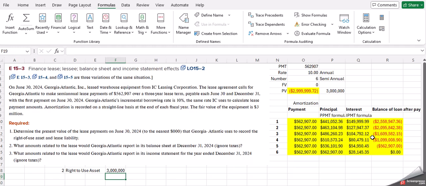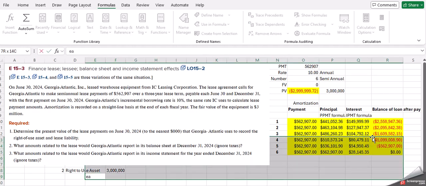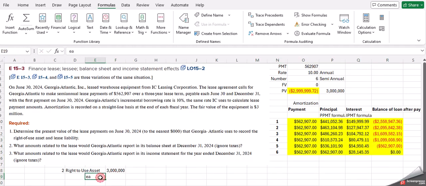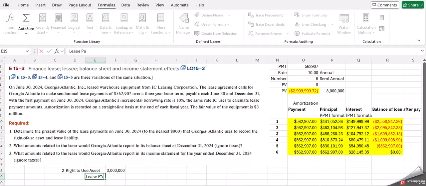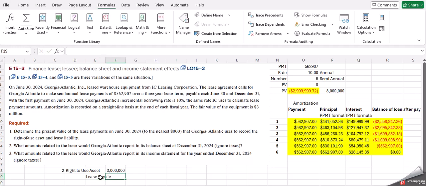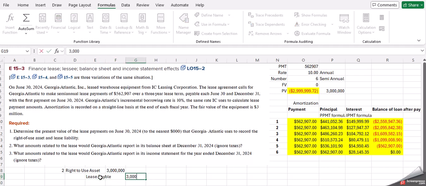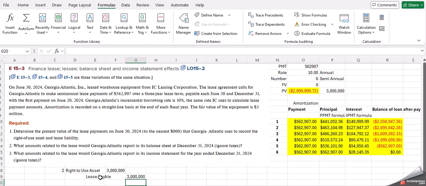Okay, and then they're also going to have a lease payable. So that would be at the beginning, their January 1st entry.